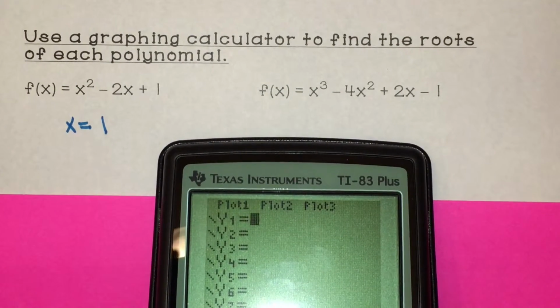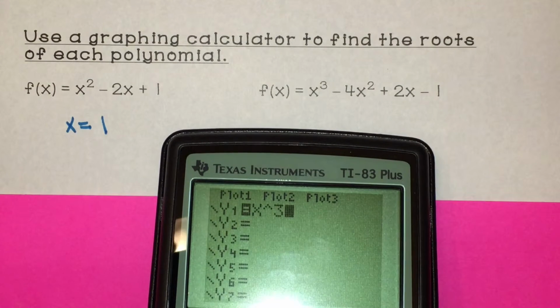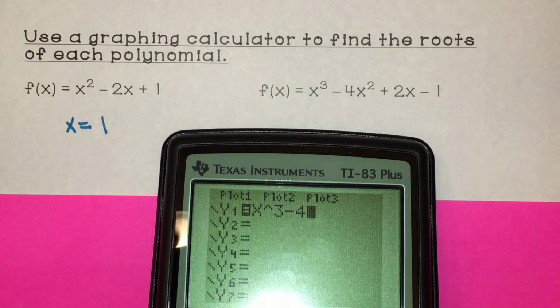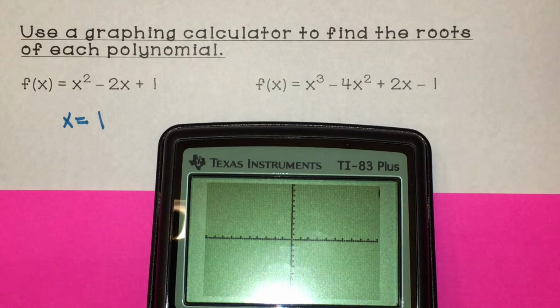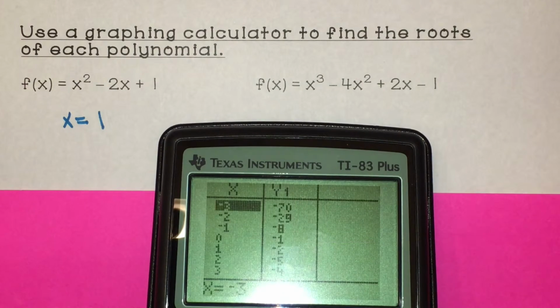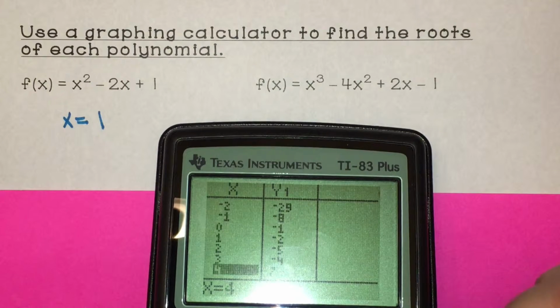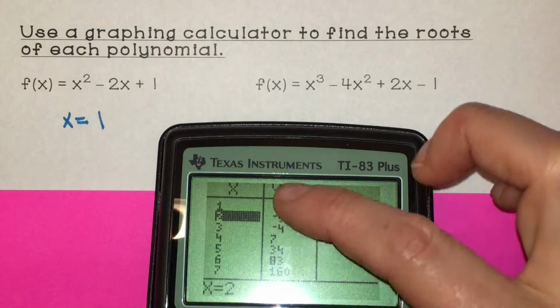Okay, on the other one, when we plug it in, we have x to the power of 3 minus 4x squared plus 2x minus 1. It looks like it only goes through the x-axis once. So I'm going to pull up my table, and it doesn't show the value where y is 0.